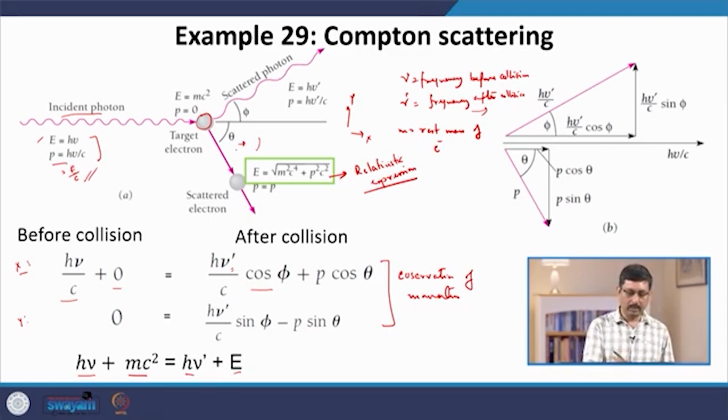But theta is unknown. The other unknowns are the momentum of the electron after collision and the energy of the electron after collision, because we do not know what happens to the electron inside, we cannot track directly the properties of the electron.